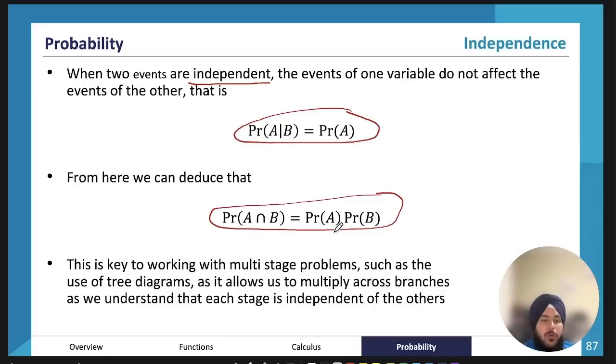The way that we can prove this is if we have a Venn diagram and we know what the probability of A and B is, we can determine the probability of A and B using this formula. If they are the same number, then we can say that these events are independent. So essentially, if 2 events are independent, the probability of A and B is going to be equal to the probability of A times the probability of B.